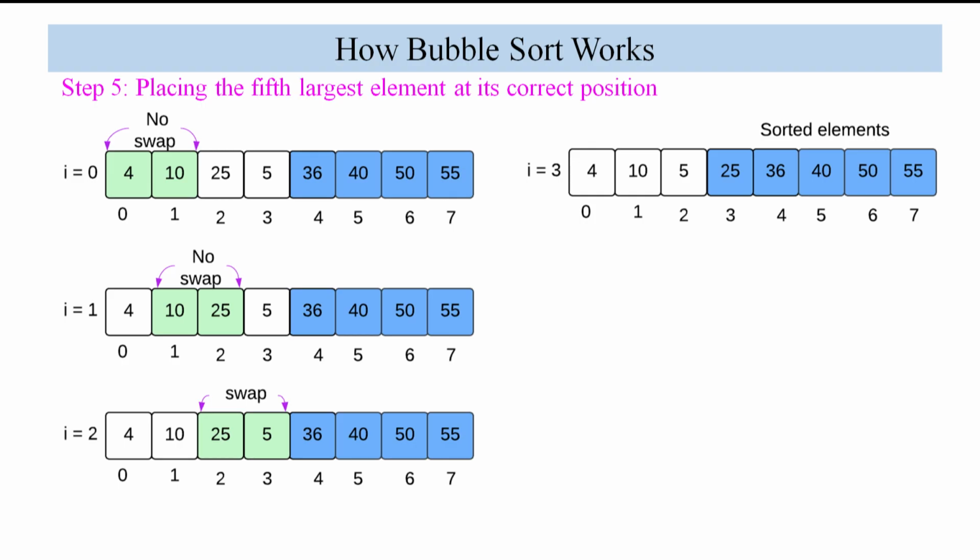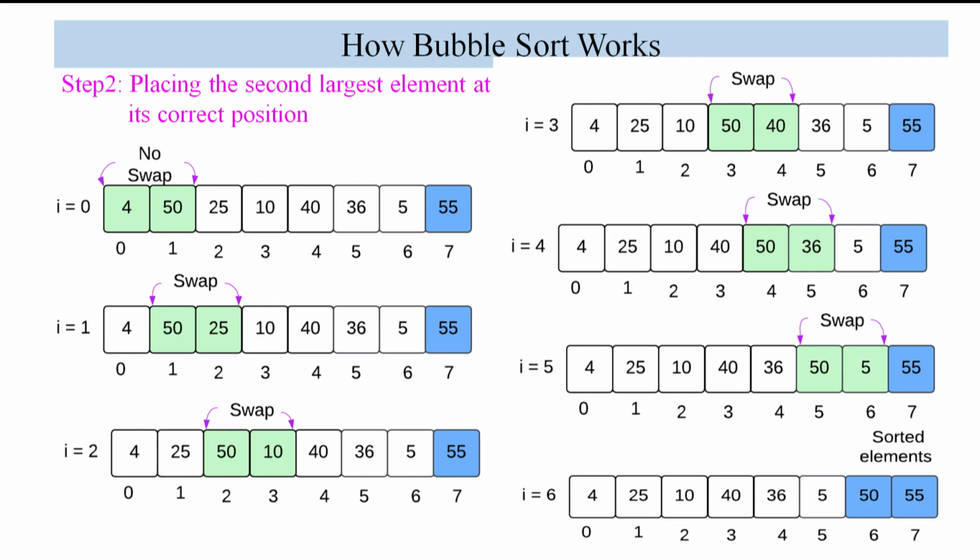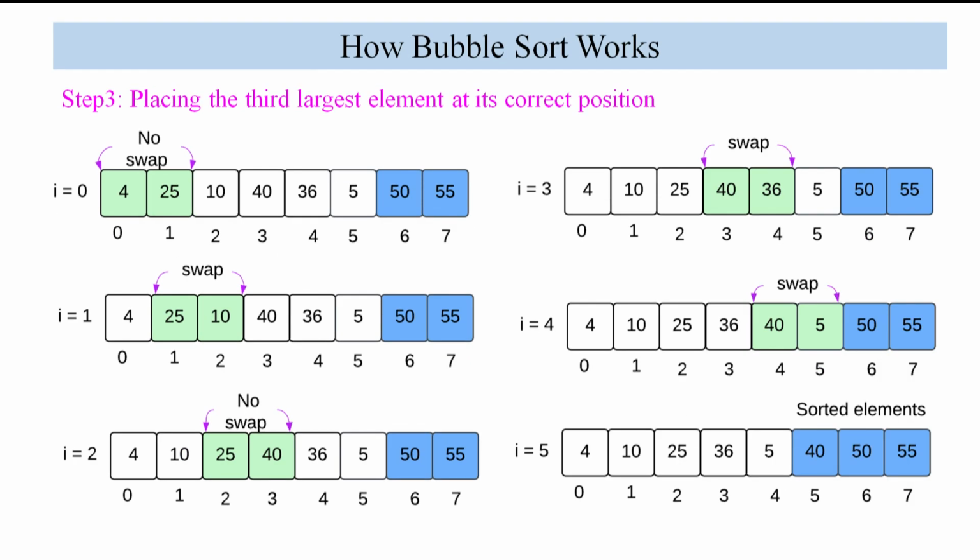Like in pass 1, we can see that there are a total of 8 iterations, because there are 8 elements to compare, and in the worst case 8 swappings may be done. 8 or fewer than 8 swappings will be required, and 8 comparison operations. Similarly, in step number 2, there are 7 iterations required to sort the second largest element. In the third pass, we require 6 iterations.